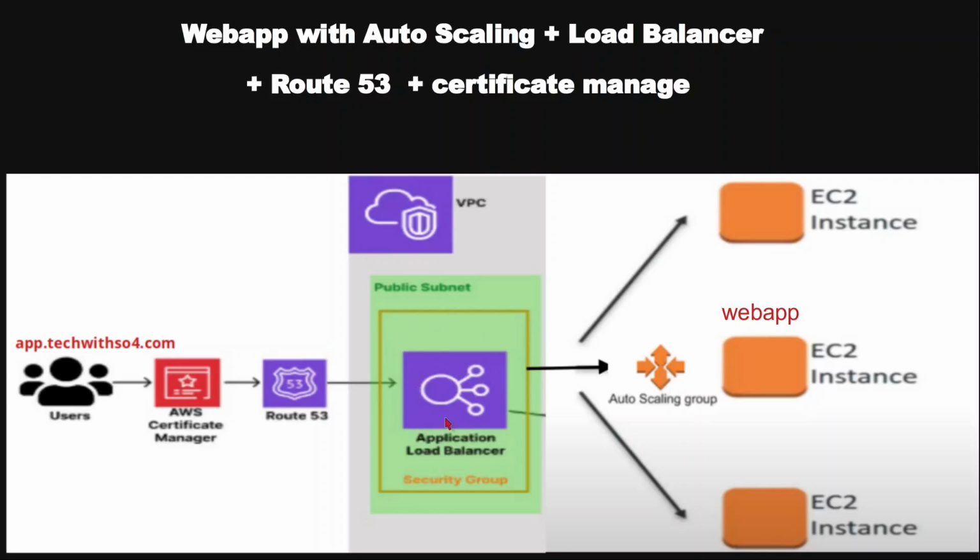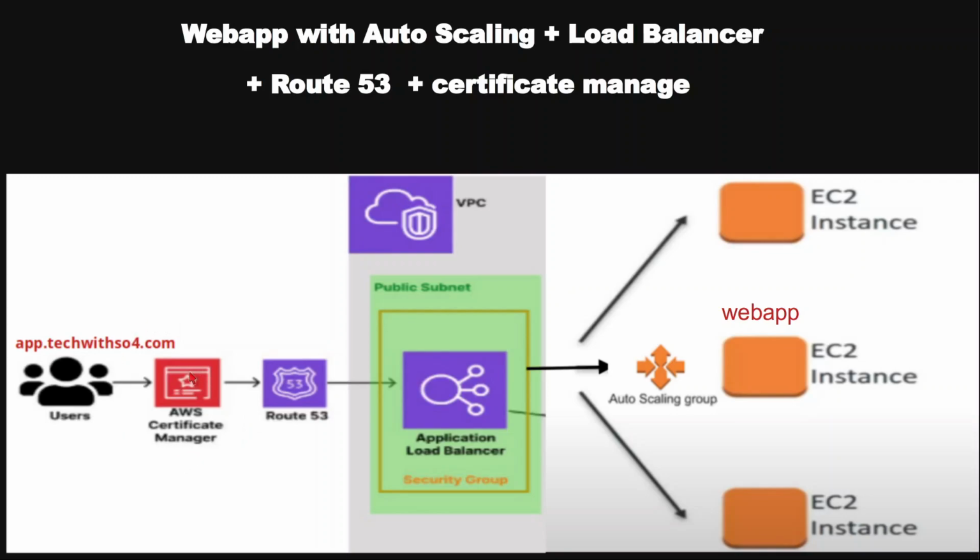Now, the application load balancer is responsible for distributing incoming traffic to the EC2 instances or our web servers. Now, Route 53, we are going to request a domain name, and also it will help us create a record.